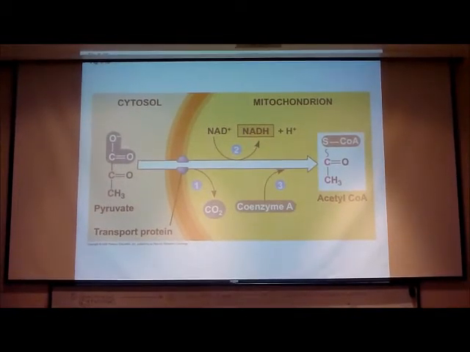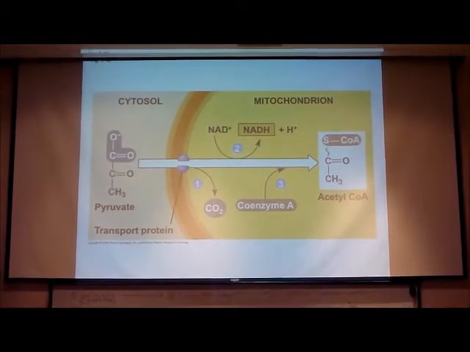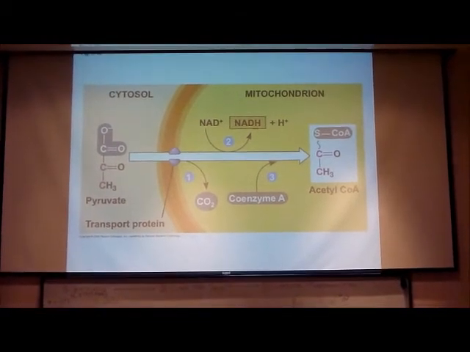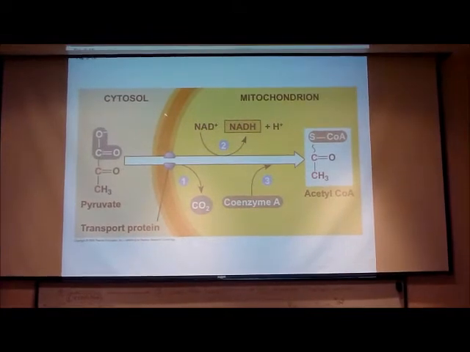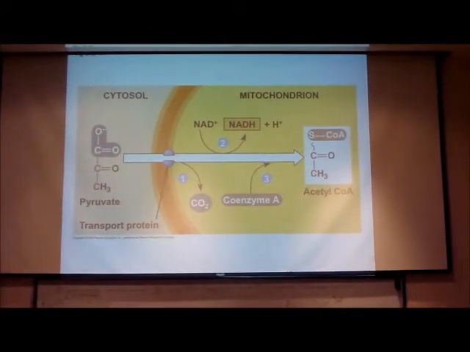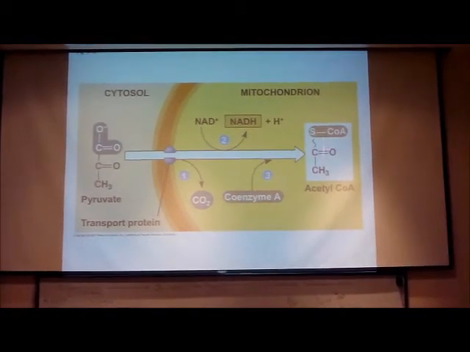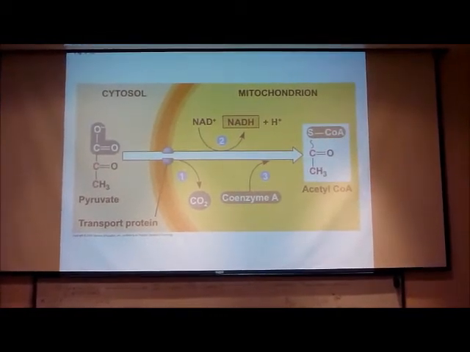This transport protein, off the top of my head, I want to say that it's actually passive transport because we're not using any ATP. Yes? Did you say bind to coenzyme A? Yes. Okay. So these 2 are weakly interacting.